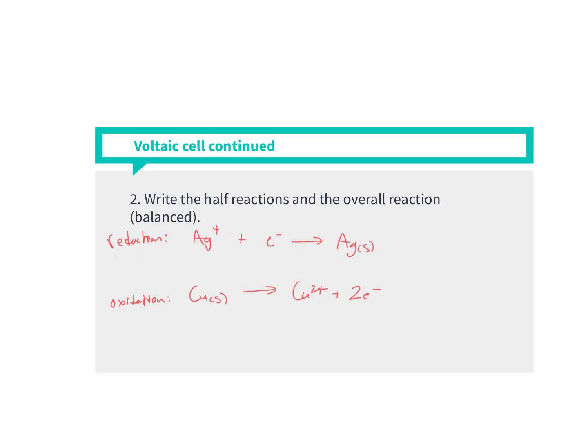Of course, we have to balance these, and we can see here we have 2 electrons in 1, so we should multiply this entire thing by 2. So we have 2 Ag plus 2 electrons makes 2 Ag solid.